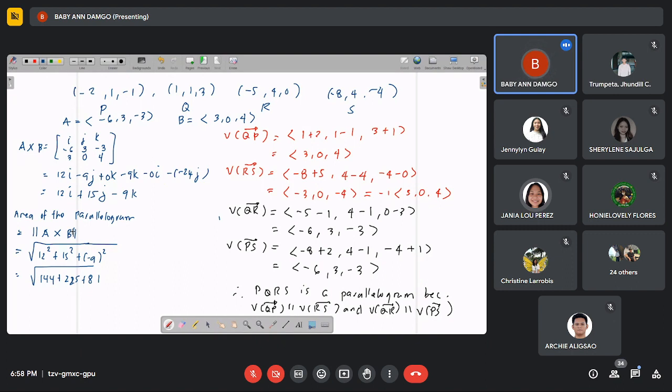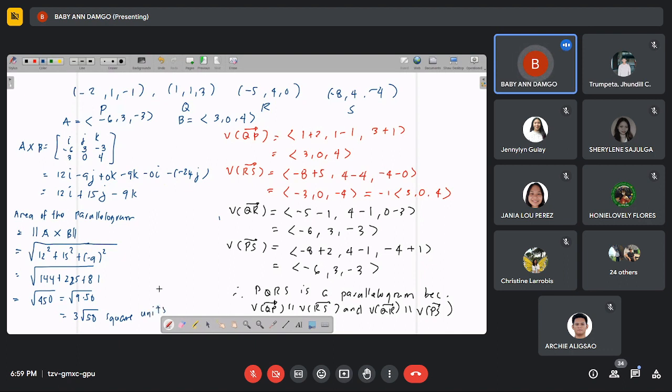So 225 plus 144 plus 81 is 450. We can factor this by 9. So this is the square root of 9 times 50, which is 3 square root of 50 square units. And this is the answer.